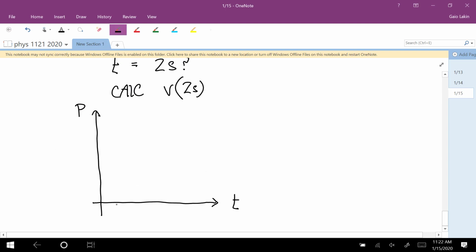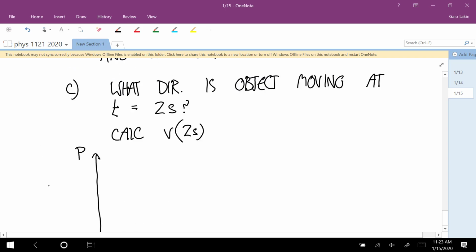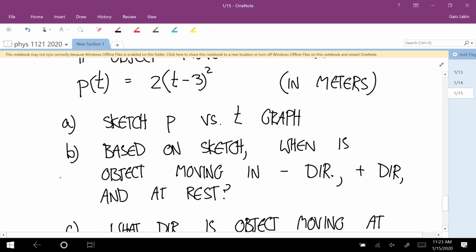So 1, 2, 3, 4, 5, 6. Okay, so that's the position there. At time equals 0, what's the position going to be? 18.